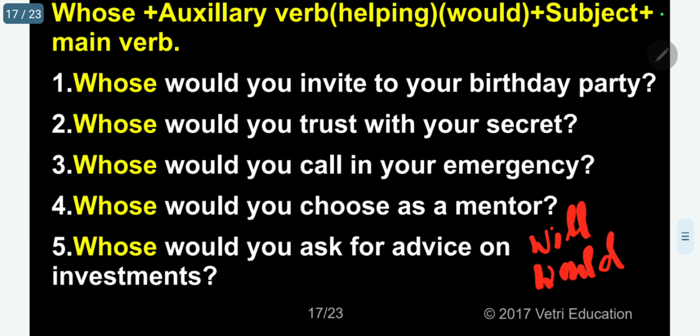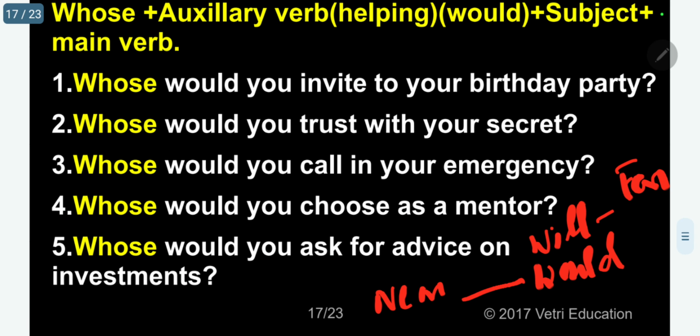So how to understand which is near future and which is far future? Would is near future, will is far future. That means you have to use would if you want to do that work within a few seconds, minutes, hours. You use will for weeks, months, years.